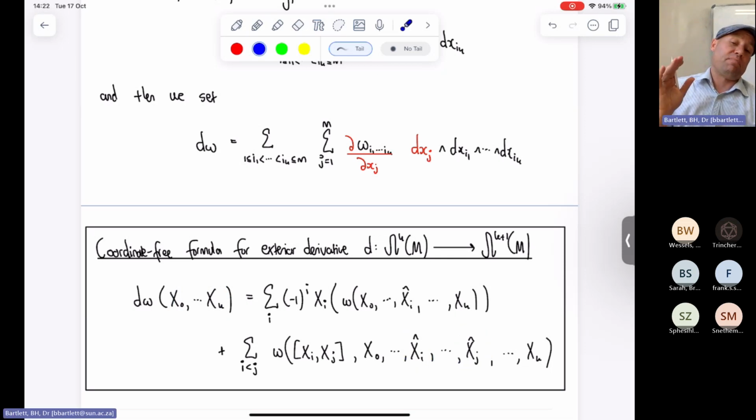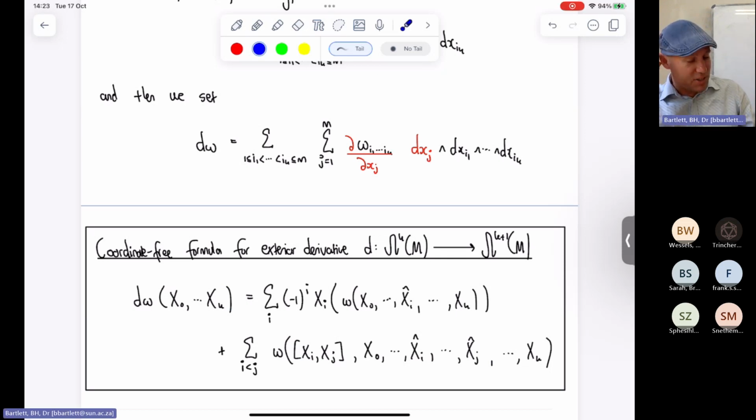So then I've got K minus 1 vectors. And in the beginning of the list, I insert this new vector, which is the Lie bracket of xi with xj. So, these were vector fields defined locally. At each point, I've got this Lie bracket, and that means I've got this vector at each point. So I can feed that into the first slot of omega. It's a beautiful formula.